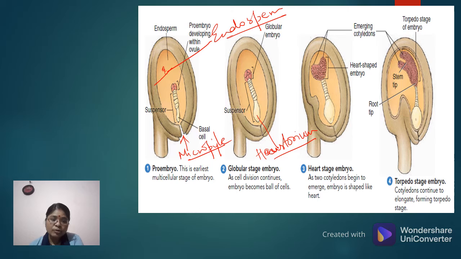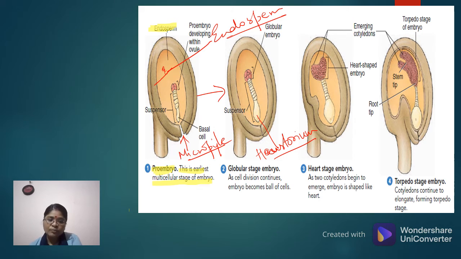So it has divided first, and then your zygote has divided and formed the suspensor cell, and this part is your embryo part. This stage is called the pro-embryo stage. This is the earlier stage of the embryo, and then after this comes your next stage.